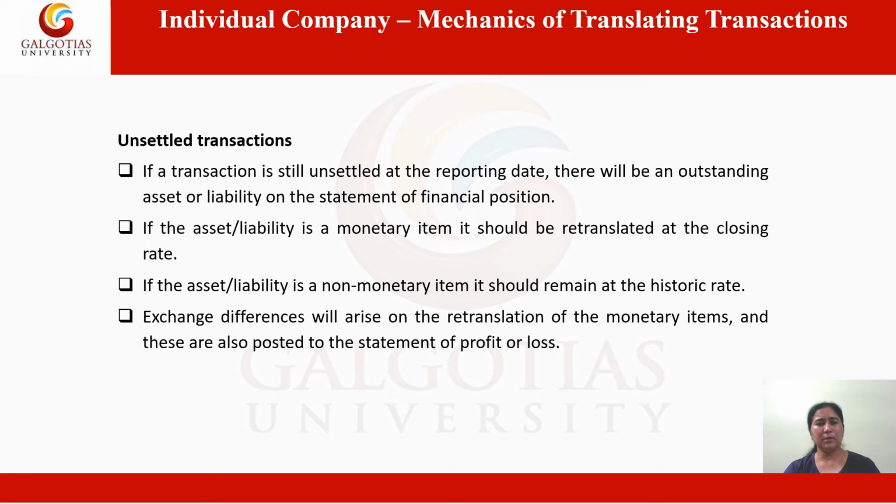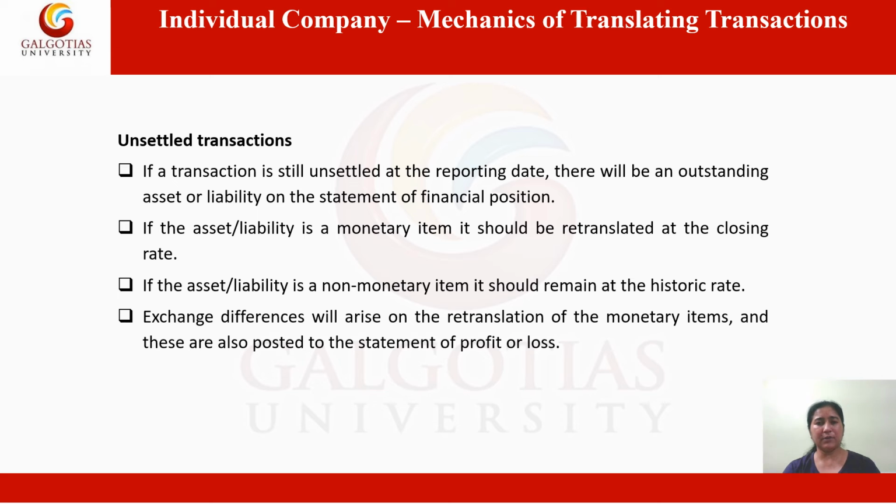IAS 21 with regard to unsettled transactions states that if a transaction is still unsettled at the reporting date, there will be an outstanding asset or liability on the statement of financial position of the business entity. If the asset or liability is a monetary item, it should be retranslated at the closing exchange rate.